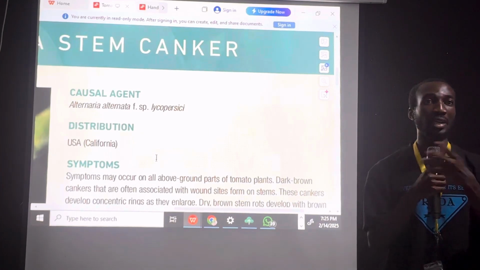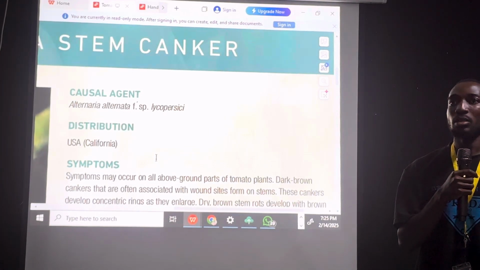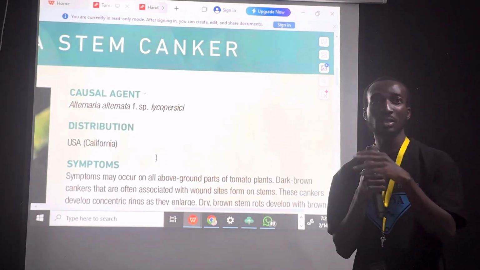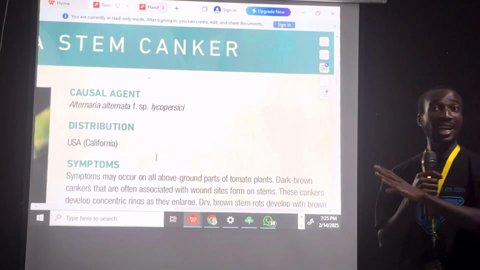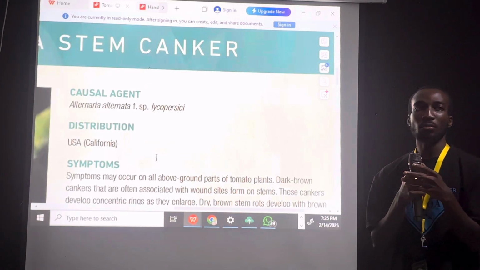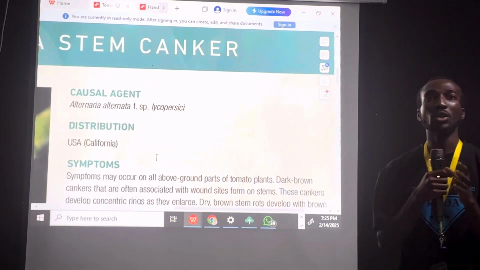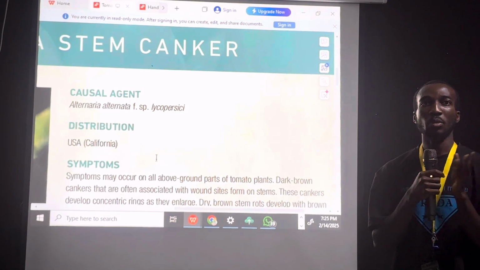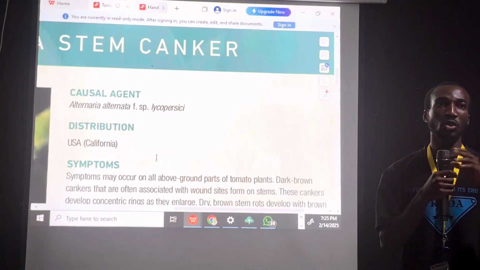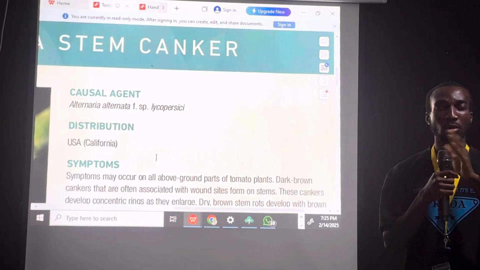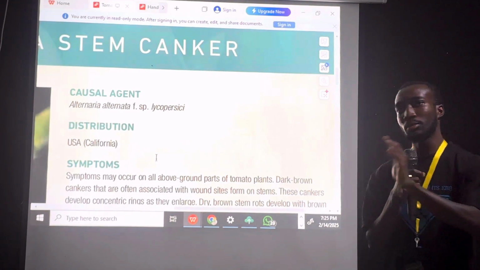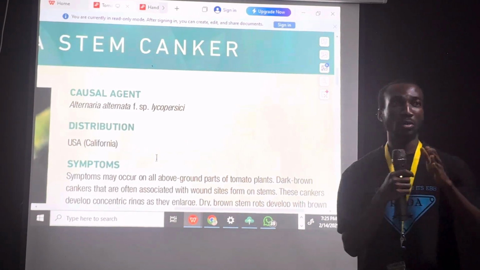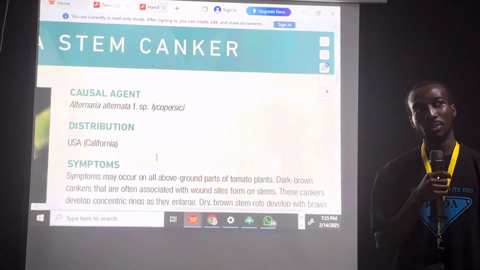If you are careless with this practice, then you are likely to transmit these fungal infections. Although they are everywhere, they may not act on your plant unless your plant has some wound or some tissue damage. That's when you now see them on your plant.